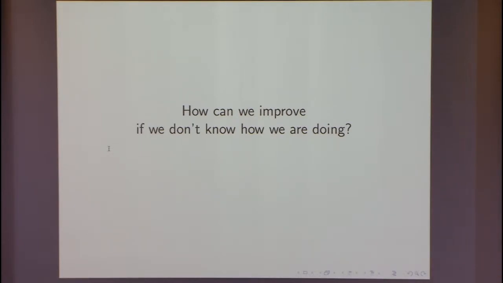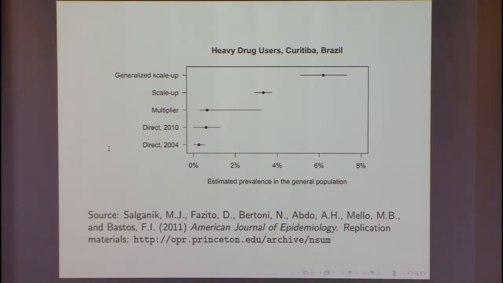In the area where I work with these hidden populations, I will turn myself into a straw man for a second to give a concrete example. This is from a study that I did with a number of Brazilian epidemiologists to estimate the number of heavy drug users in Curitiba, Brazil. It's a city of about 2 million people in southern Brazil.